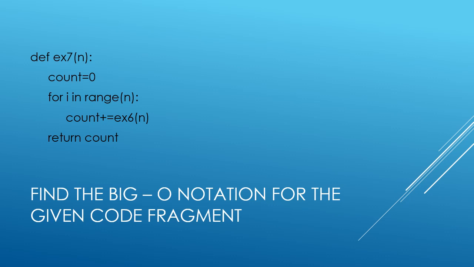The for loop goes from 0 to n minus 1. x6(n) is O(log n). The loop iterates n times. So, the O notation of the for is O(n log n). This code fragment is linearithmic in complexity.